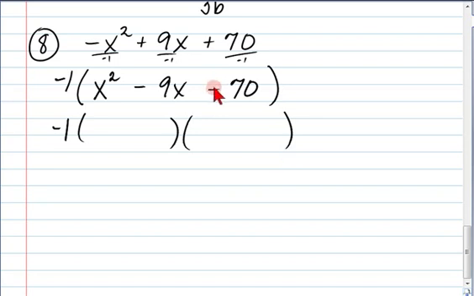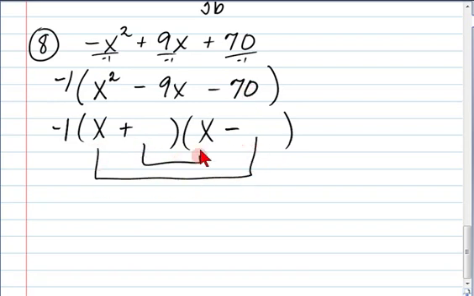If the last number is a negative, what does that tell you about the signs? One of each, one plus and one minus. Are you feeling somewhat happy seeing just an x squared here? You should, because there's just one way to get x squared, and that's x times x. So now I do have to work with the factors of 70.